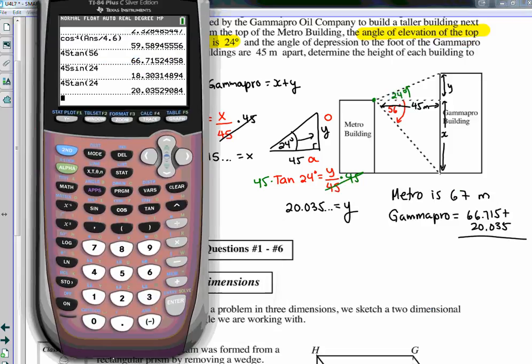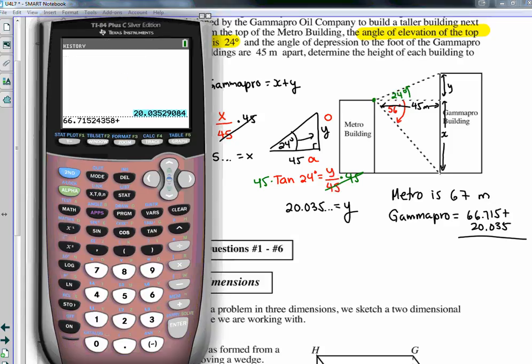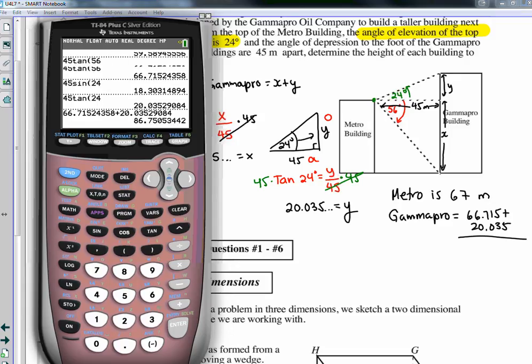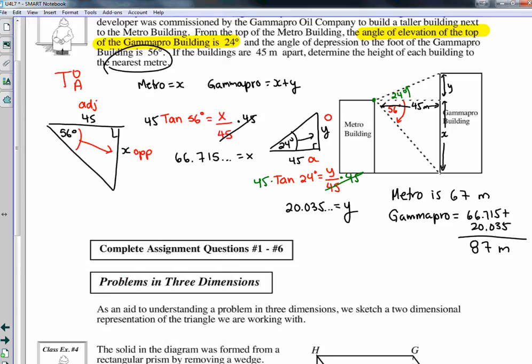So if I saved them here, I like these calculators because you can just highlight it, push enter, plus, and highlight that one, enter. That's so nice. The older versions can't do that. What does that equal? So 87 meters. Done.